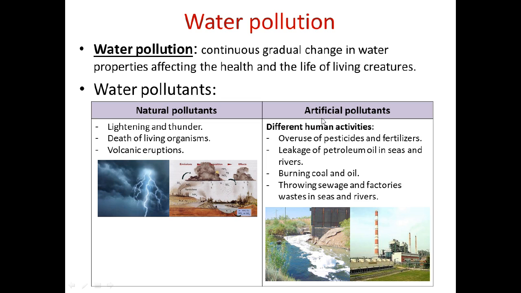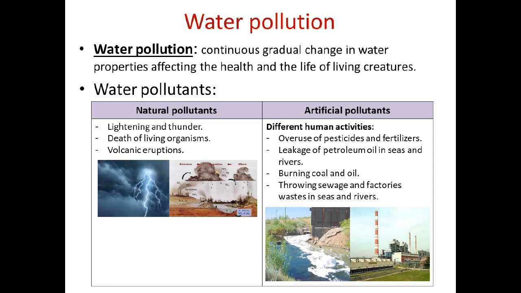But the artificial pollutants are man-made or produced due to human activities, like overuse of pesticides and fertilizers, leakage of petroleum oil in seas and rivers, and burning of coal and oil, which produces large amounts of carbon dioxide.